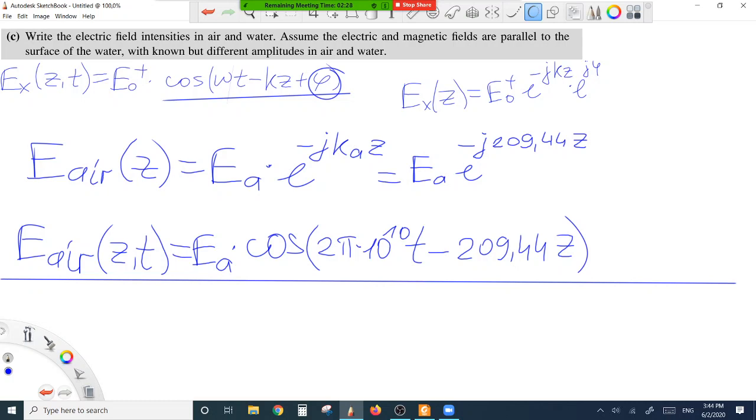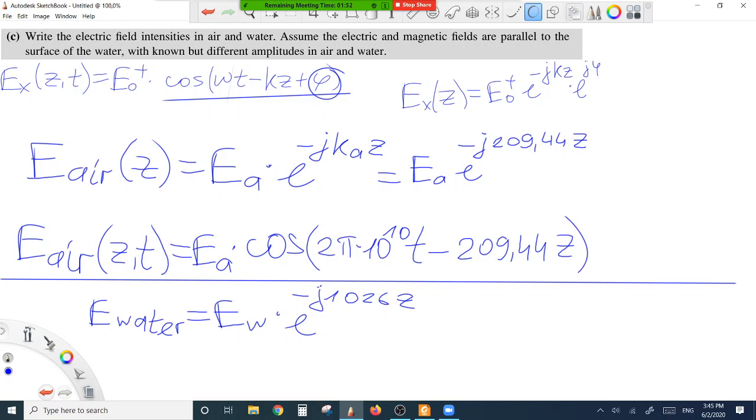And similarly, the electric field in the water can be written as E water, E_W multiplied by e to the power of minus j 1026 z, since k for the water was 1026.